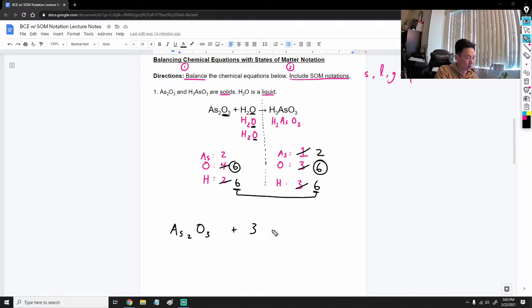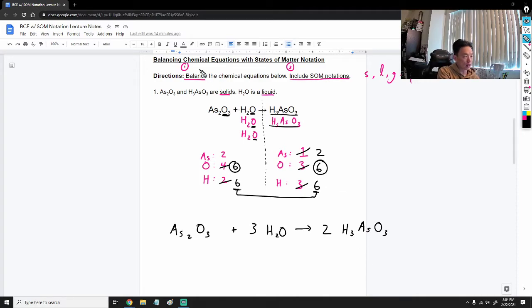So I have 3 H2O produces, how many of this compound do I have? I have 1, 2. So I'm going to write 2 H3AsO3. Okay, so there we go. We balanced it all out. This chemical reaction tells us that we need 1 As2O3 with 3 H2Os to produce 2 H3AsO3s.